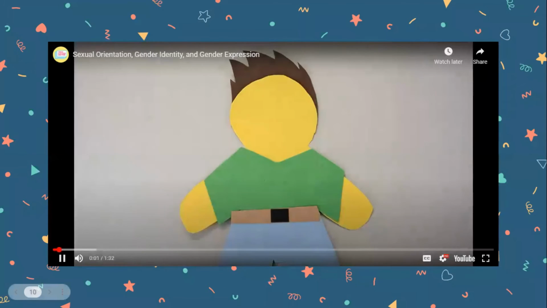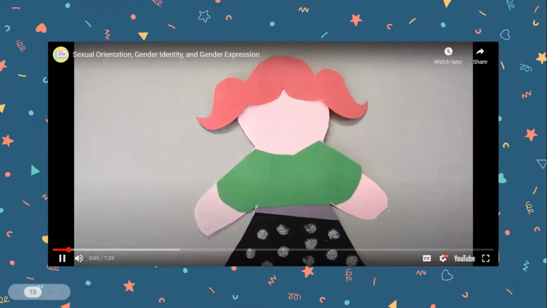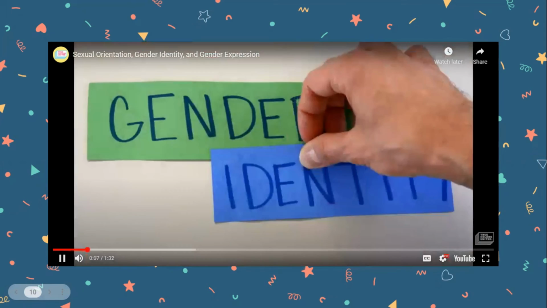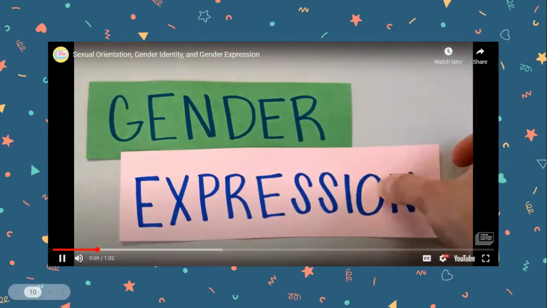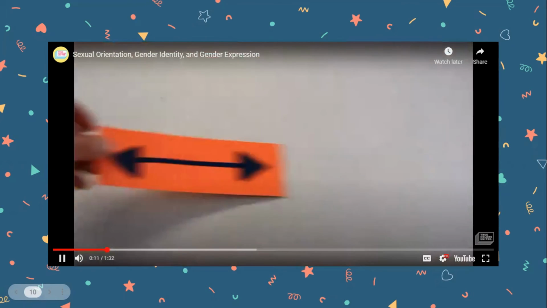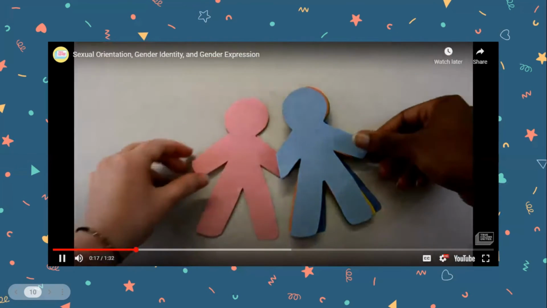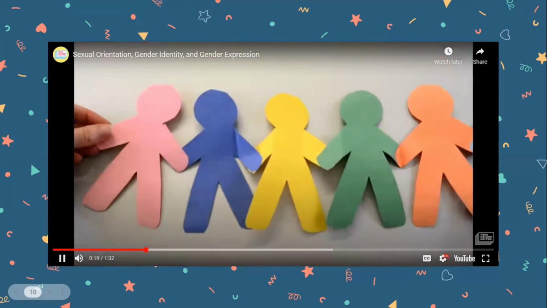In order to get on the same page about LGBT youth homelessness, let's first talk about the differences between sexual orientation, gender identity, and gender expression. They are all different. We think of each existing on a spectrum. Being on a spectrum means that there are more than just two ways to be. There's a whole range of ways to be.